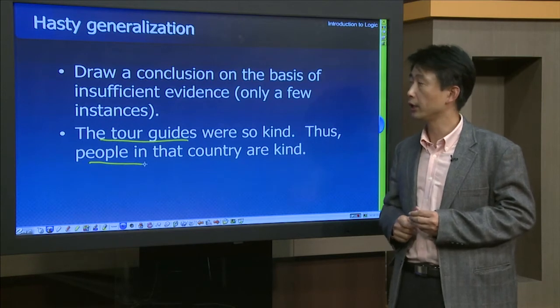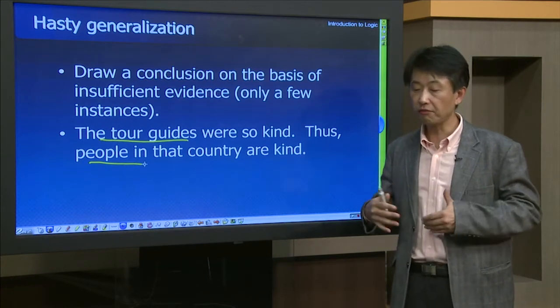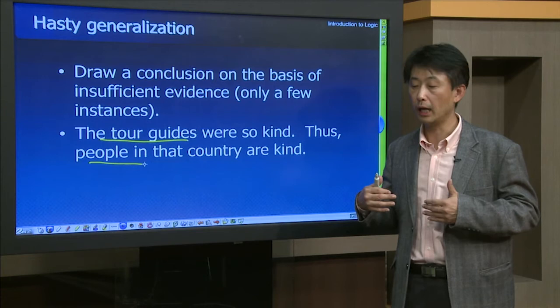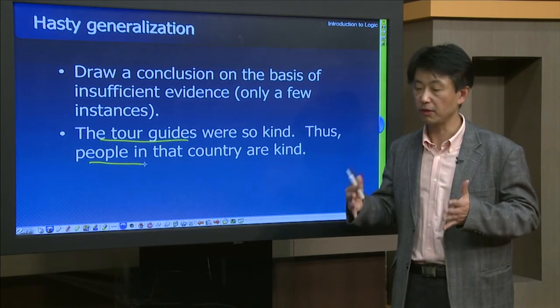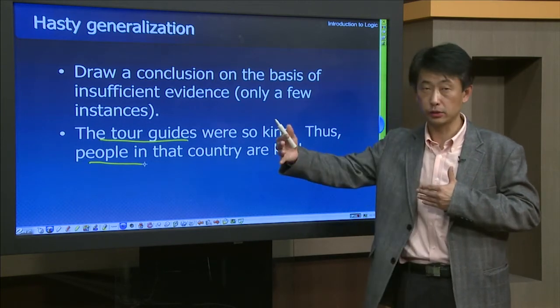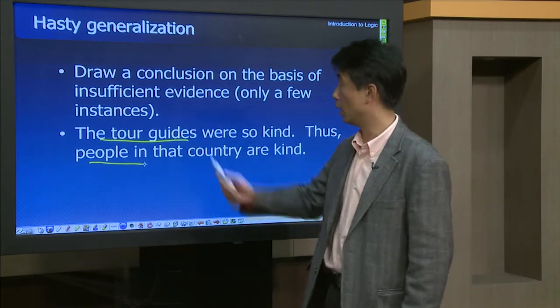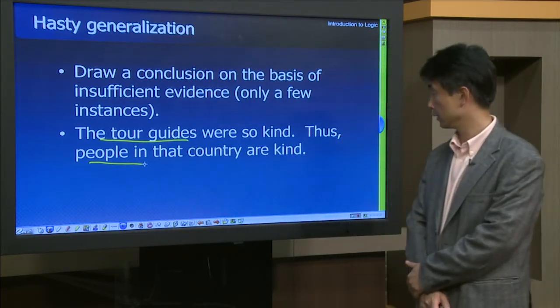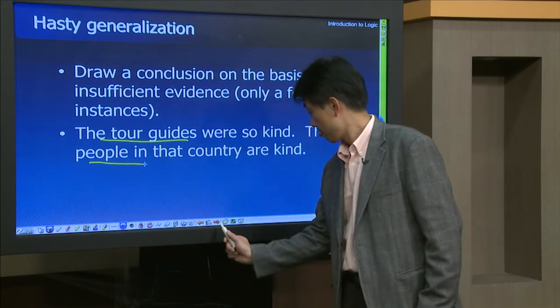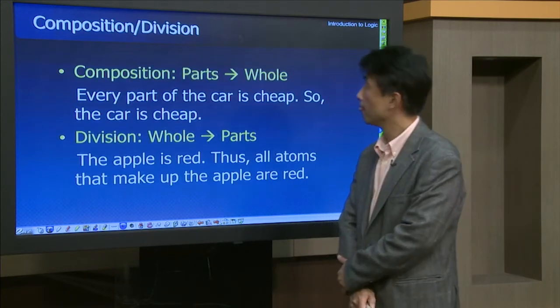There need to be a sufficient number of instances before we generalize to the whole population. This is too small a number.